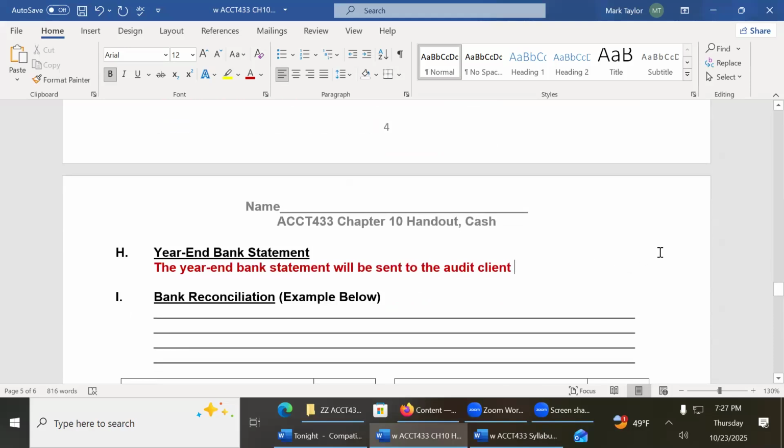Whoever your client is that you're auditing, let's say IBM. I'm just making that up. Suppose we're auditing IBM. IBM will get their bank statements.